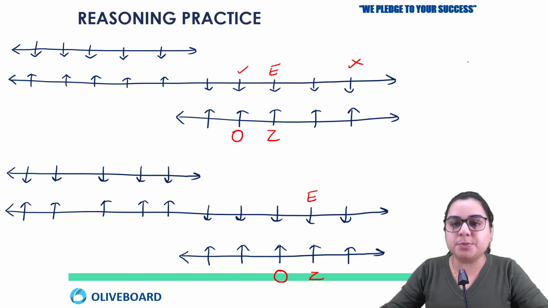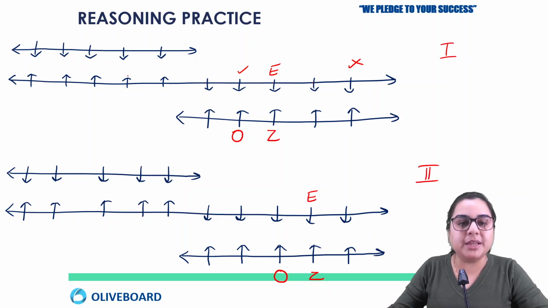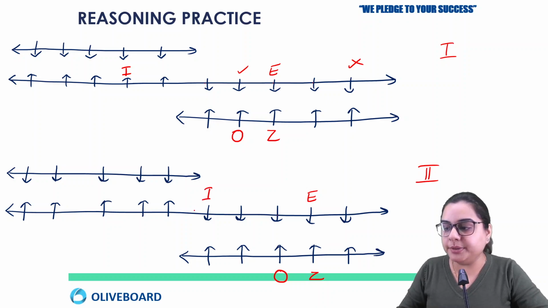So in the first possibility, now this is your first possibility, this is your second. In the first possibility, I will be written on this position. In the second possibility, leaving two positions after E, I will be written here.